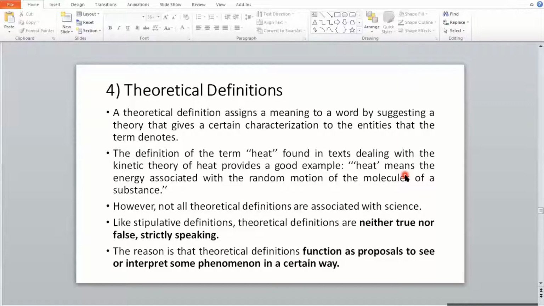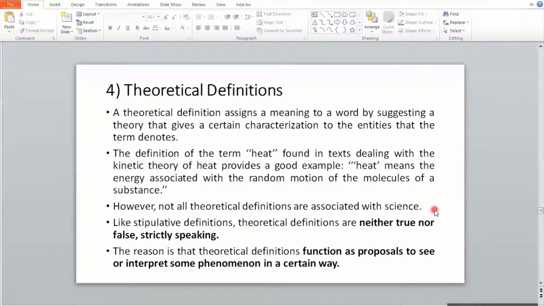For example, we may define motion according to Newton's first law of motion, or second or third law of motion, and other terms.